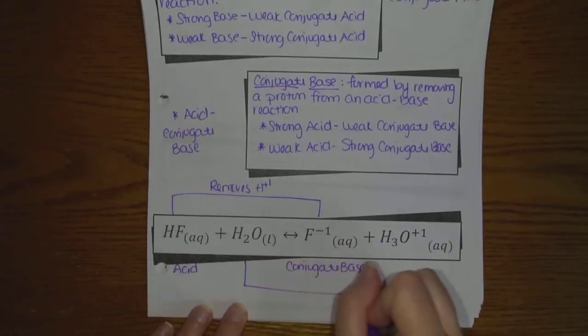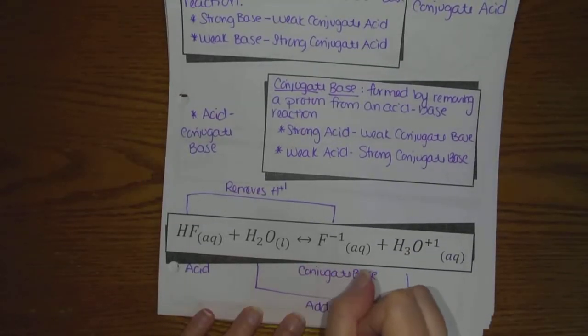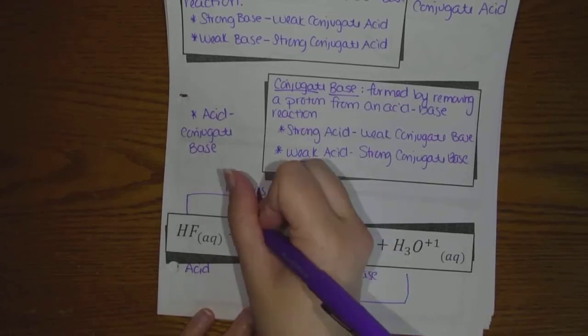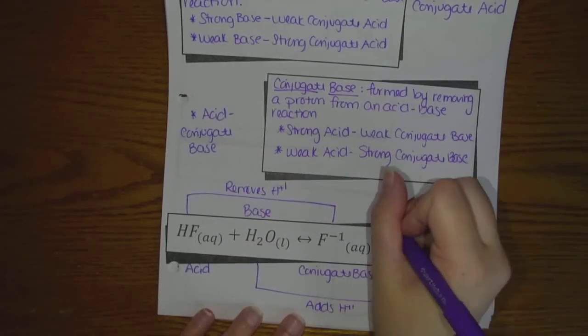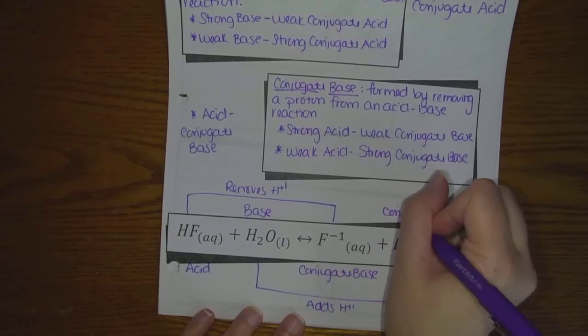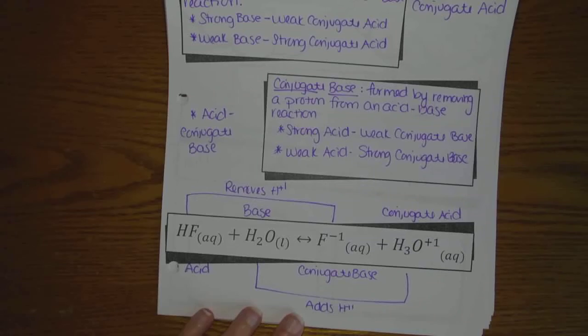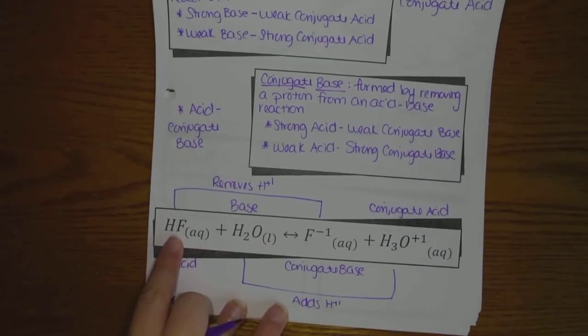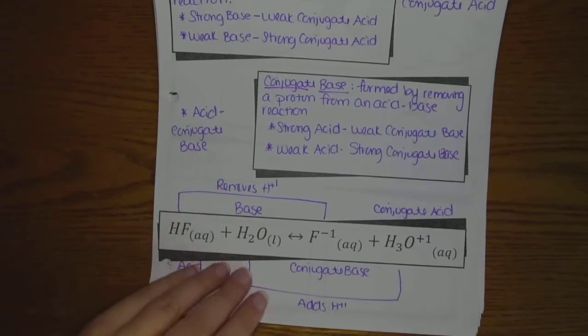Here, we're going to be adding an H plus 1 ion, so this is going to be a base. This is our base here. And now we have a conjugate acid. Now water could act as a base or an acid, but because we have an acid to start here, we're going to have water acting as a base.